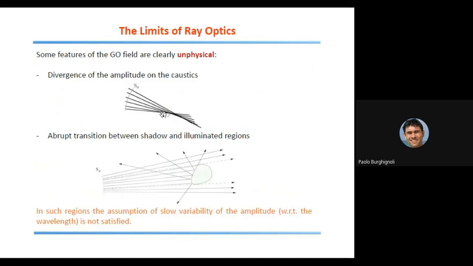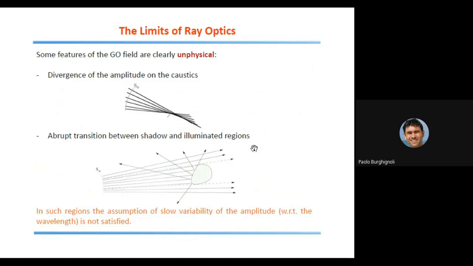So in a neighborhood of those points, ray optics cannot be an accurate representation of the wave field. But also, for example, in scattering problems, if you illuminate an object with a bundle of rays, you cannot expect the theory to be accurate on the shadow boundary, which is the boundary between the lit and the dark regions beyond the object, because any discontinuity in the field is non-physical.